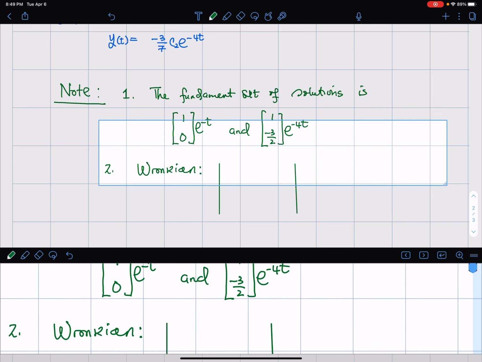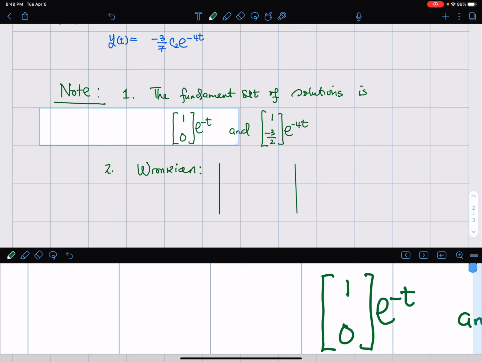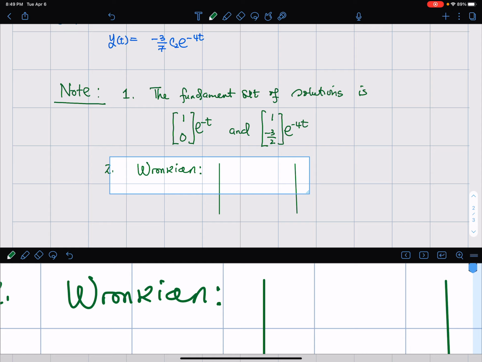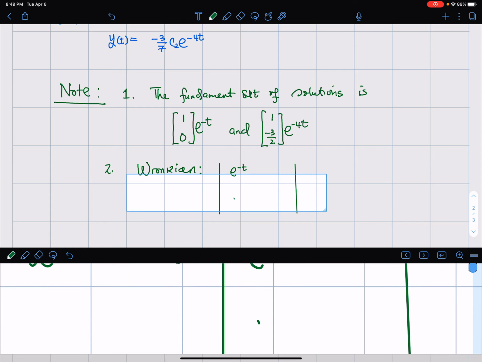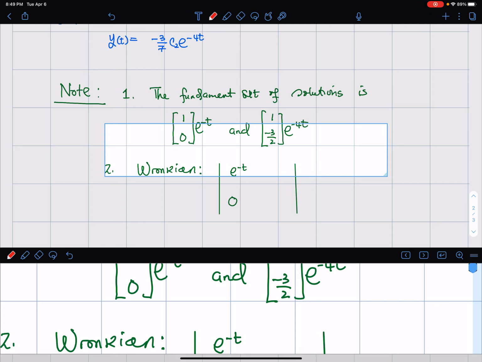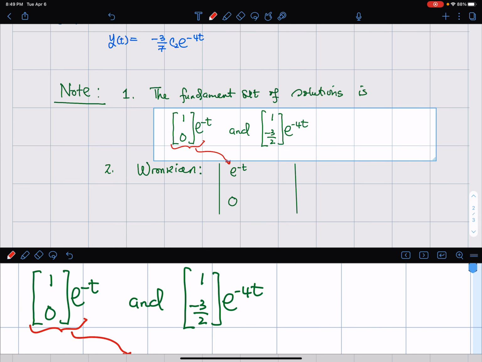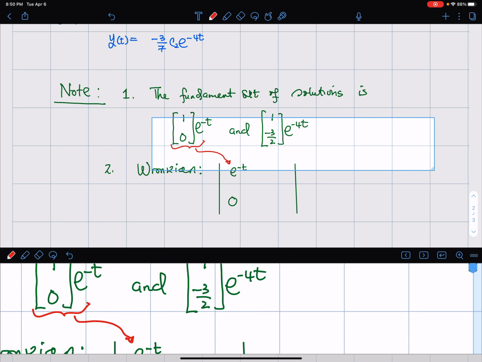So the first vector is 1, 0 times e to the negative t, so it's 1 times e to the negative t, and 0 times e to the negative t. We do the same thing here, multiplying each by 1 and negative 3 over 7. It's 3 over 7, not 3 over 2.